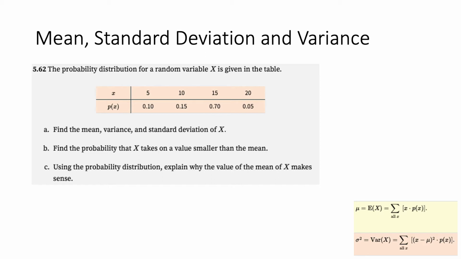The next concept we're going to cover entails calculating some simple statistics about discrete probability distributions. So this is question 5.62. We get a very typical discrete random variable x and its probability distribution.